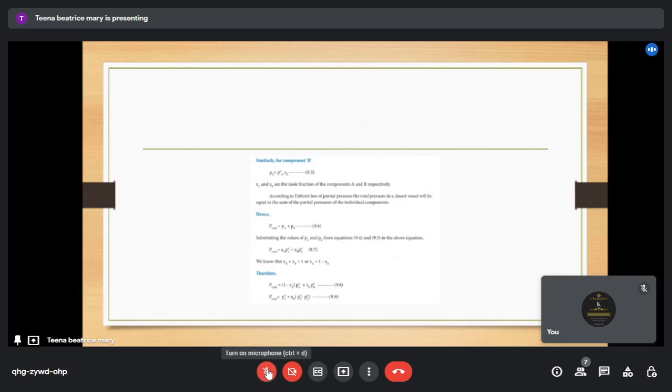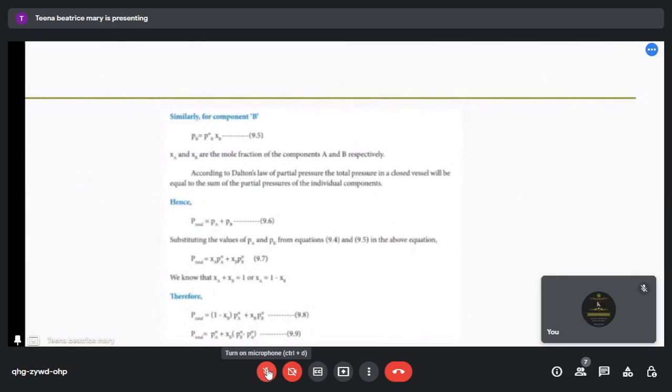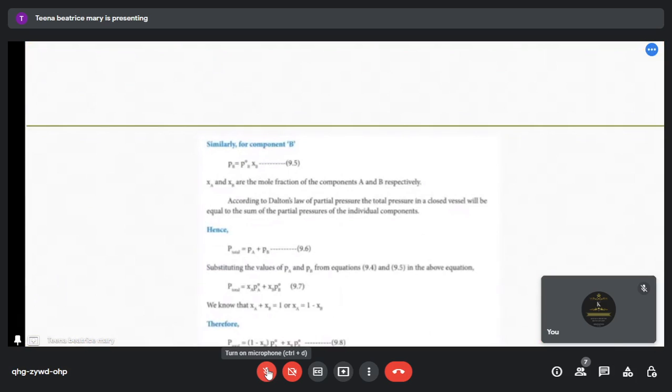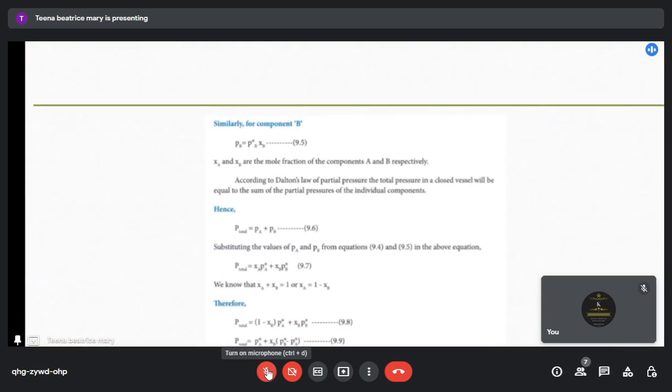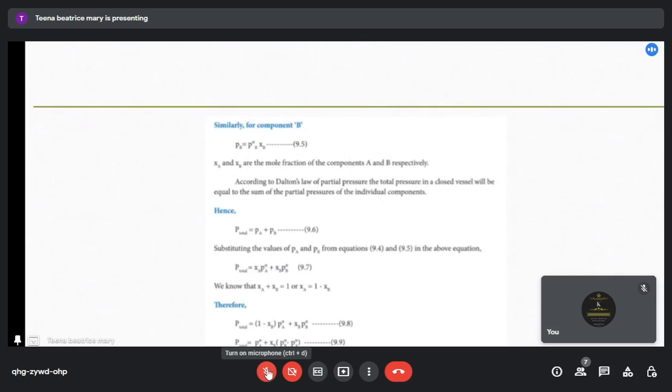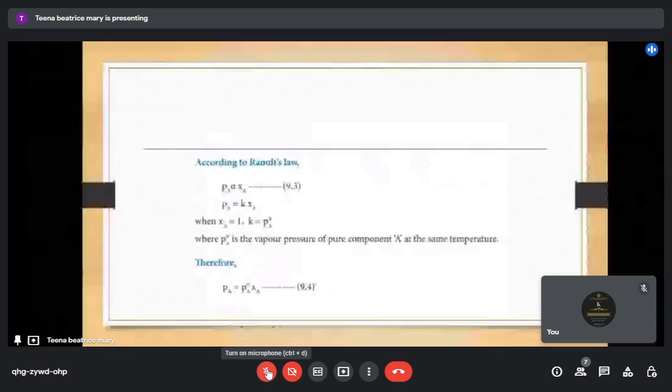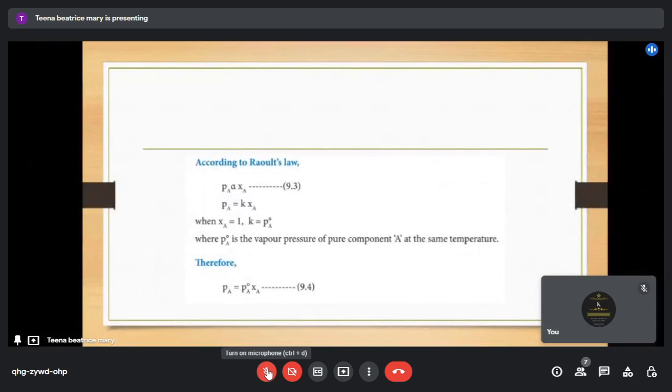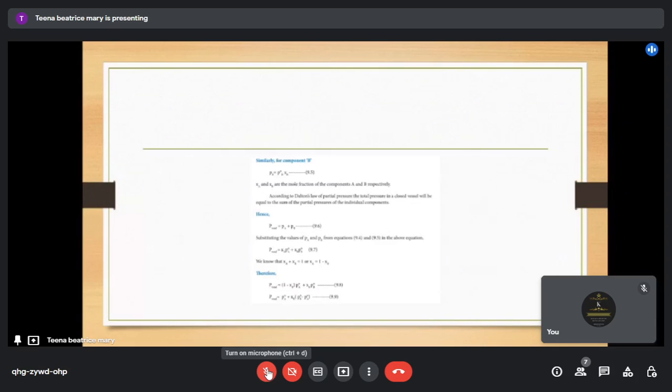Here, on substitution of the values of PA and PB from equations 9.4 and 9.5, which are given in the previous slide, you will get the P total value.